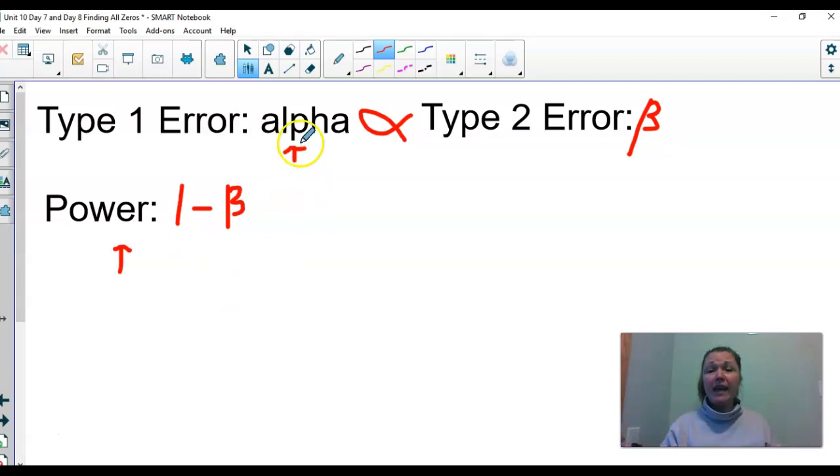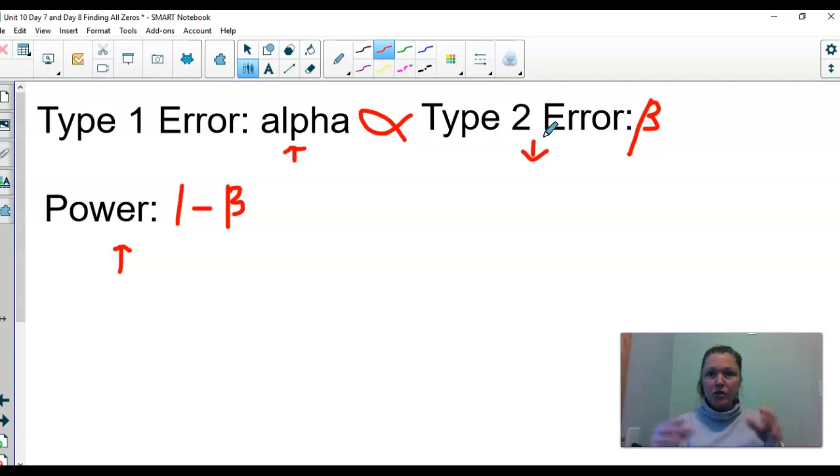So if I increase my alpha, okay, I actually decrease my probability of a type 2 error happening, okay? Again, inverse relationship. So if I make my alpha value now 0.10 instead of 0.05, I've increased my power and I've decreased my type 2 errors. That is all you need to know for the AP Stats exam, okay?